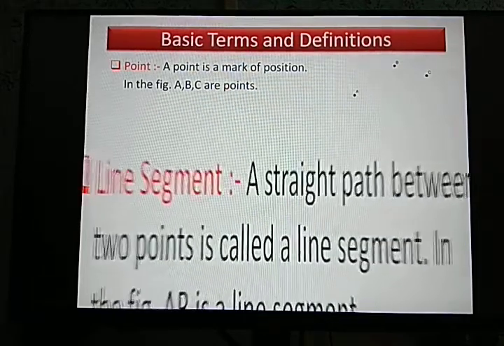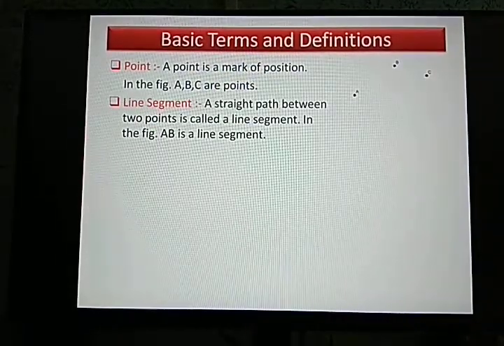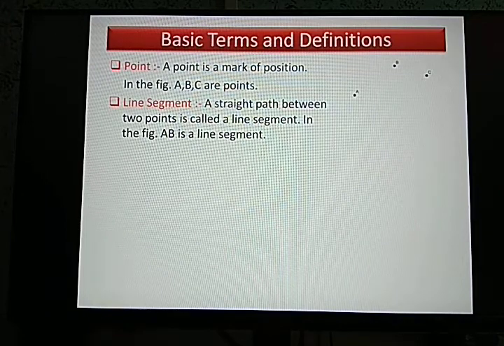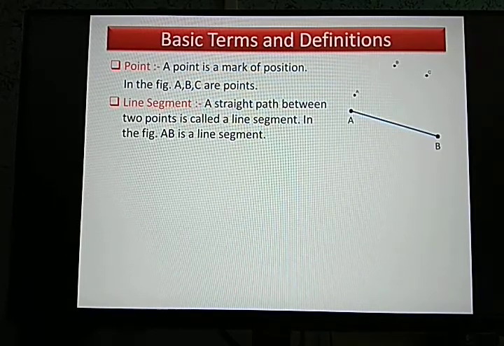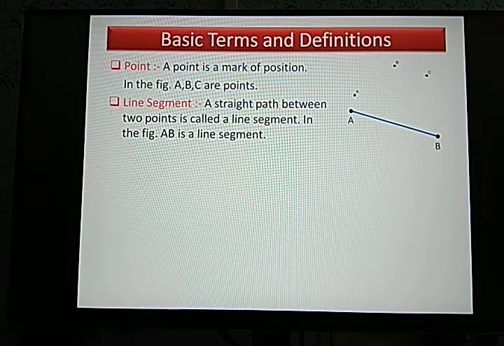Now moving on, next is line segment. Now what is a line segment? A line segment, if you see in the figure, is a straight path between any 2 points. So if you see here, there are 2 points A and B. Now the straight path that can be drawn between these 2 points A and B is called a line segment.